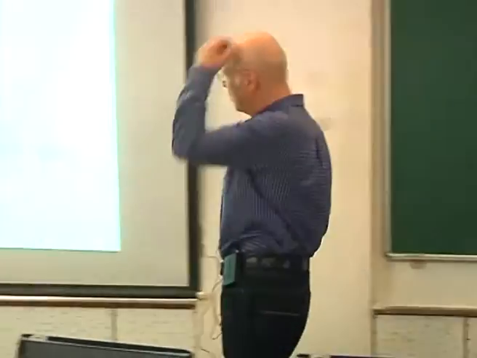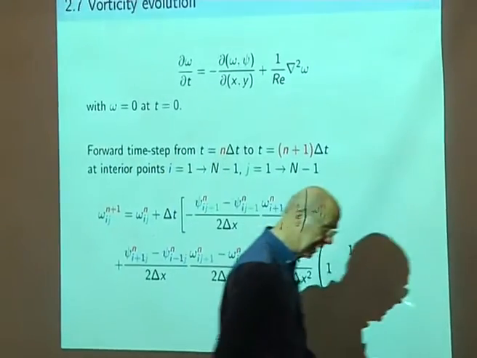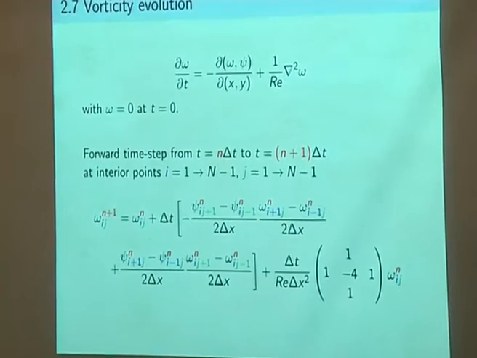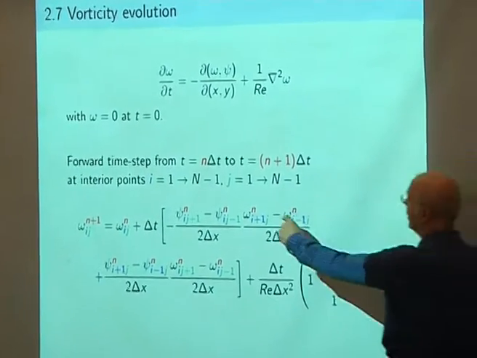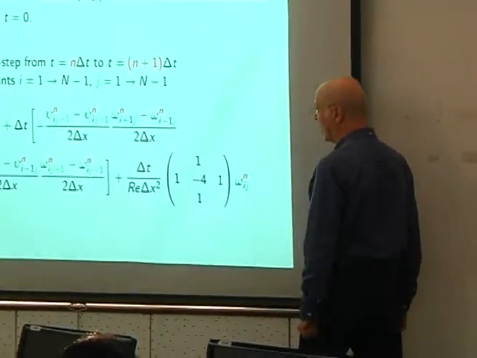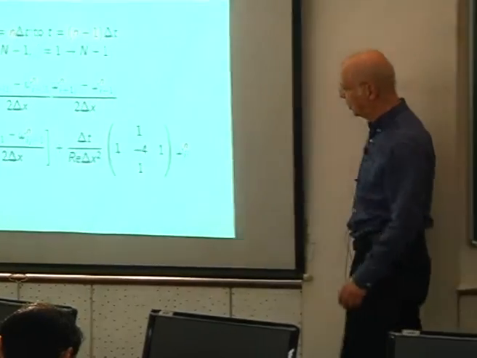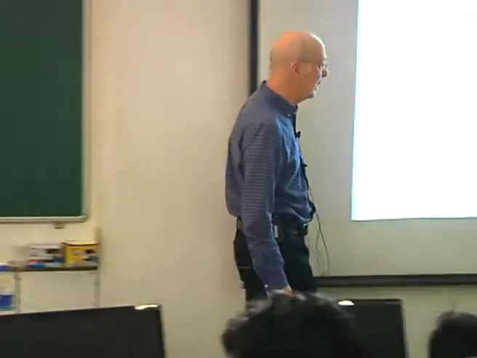So in the numerical version of this, you can see omega at n plus 1 is omega at n plus delta t times the right-hand side of that equation, and it's a bit of a mess. There are the y derivatives of psi and the x derivatives of omega, and then the other way around. And then we have our numerical molecule, which is the Laplacian.